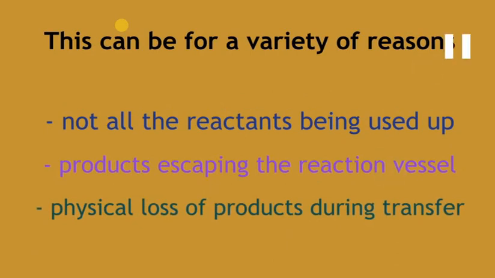So if we are looking at reasons why, because you have to be able to explain why I got less product than my reactants, maybe some of the reactants didn't actually take part in the reaction.